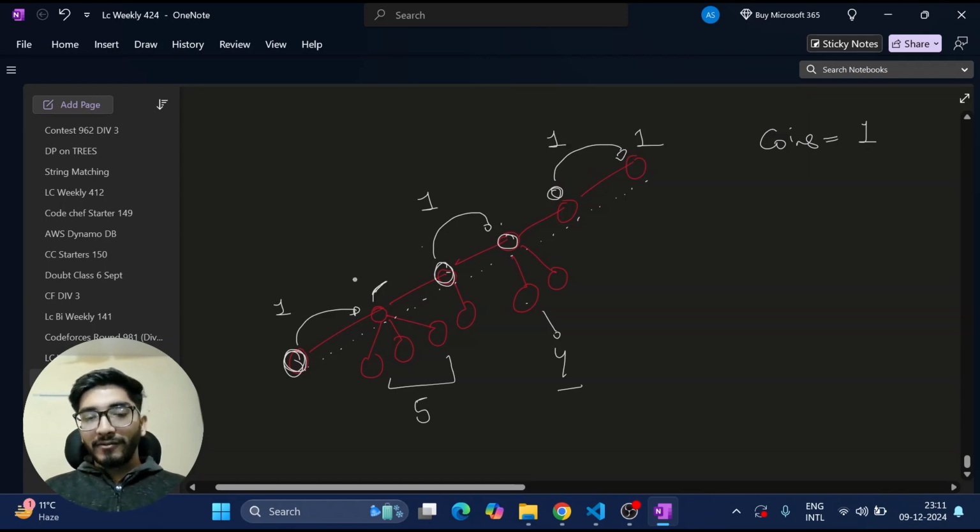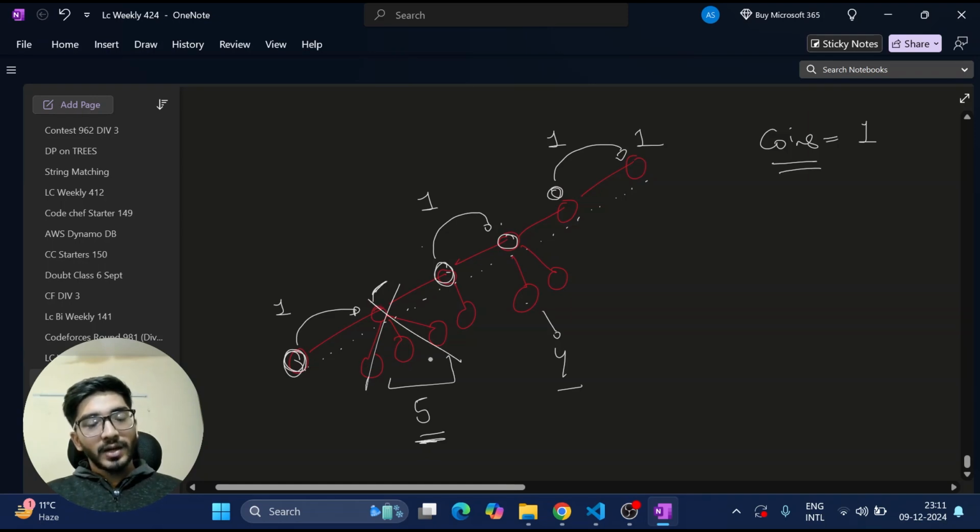So for every odd move, I know it will just cost me one move to go to the right direction. But for all the other nodes that are at even positions, I can neglect some nodes. And which nodes am I gonna neglect? Those nodes which will cost me the most deviation, which is this in this case. So I can skip this particular node and utilize it as just one move by using my coin.